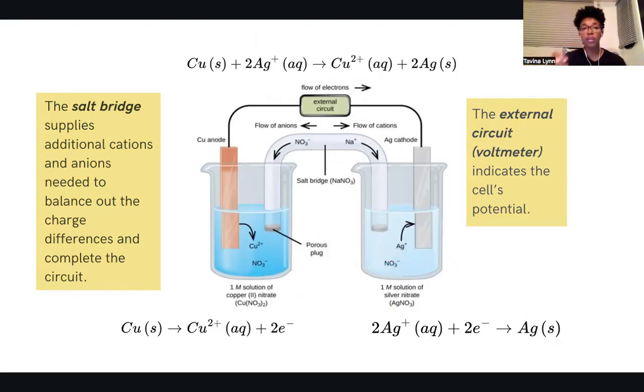And so the salt bridge's whole purpose is to balance the charge between both half cells, so that we can complete this circuit of electron flow, and the electrons flowing through can then be used as electrical energy to carry out some function.